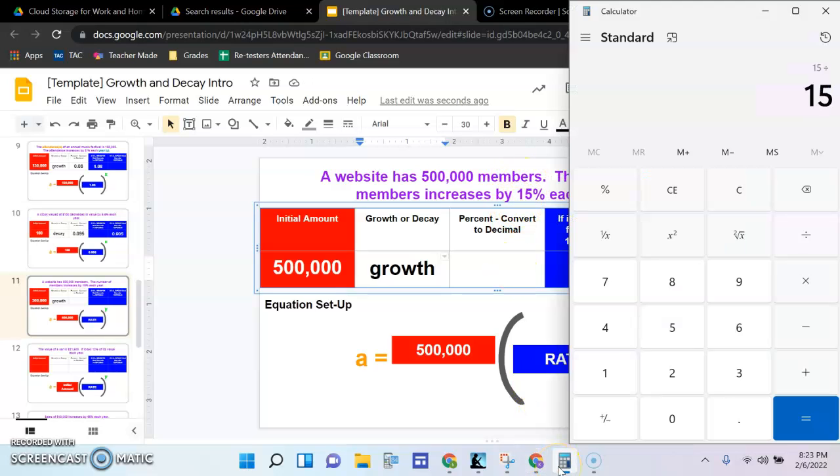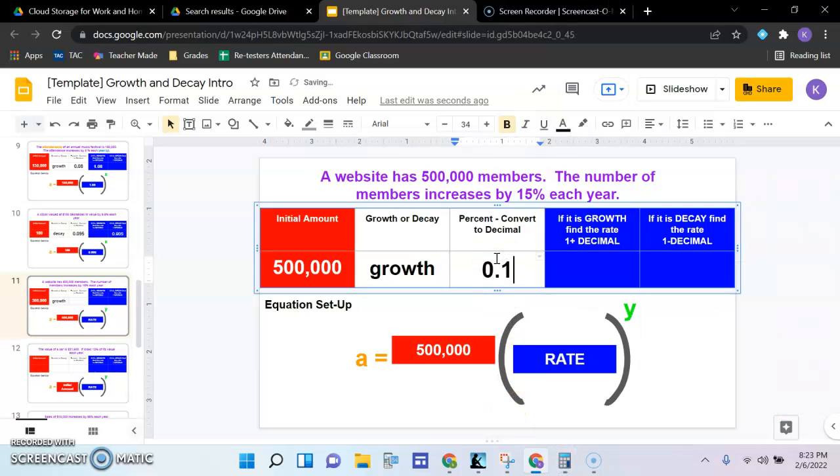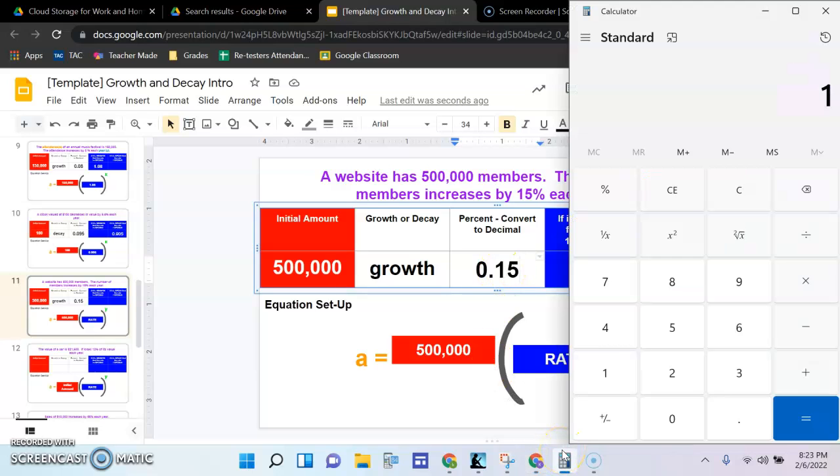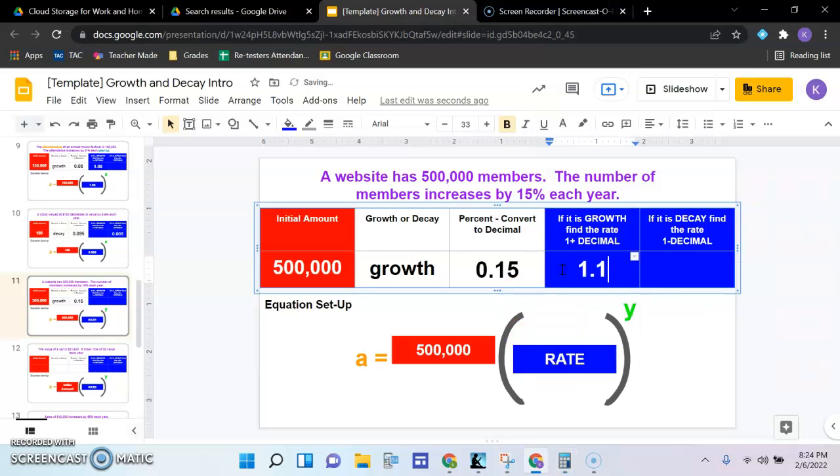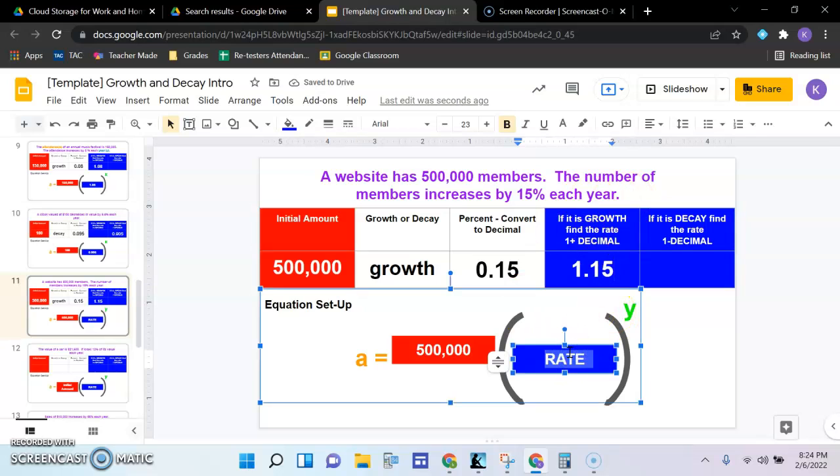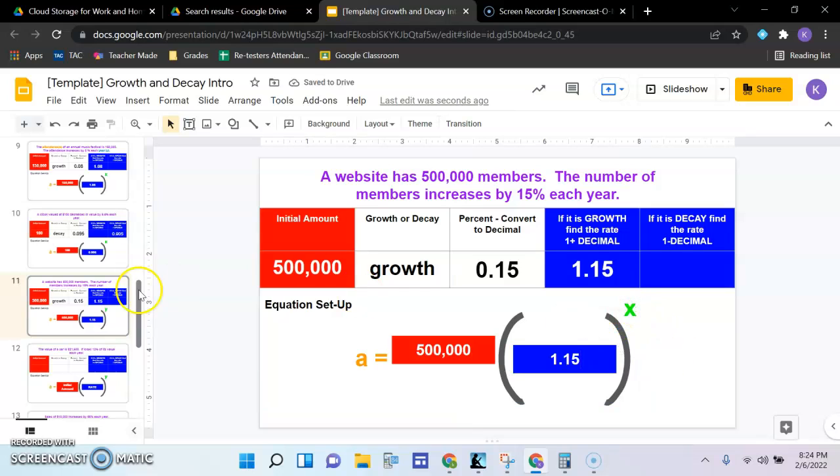So we get 15 divided by 100, which is 0.15. And then it's a growth problem, so we're going to put 1 plus 0.15, which is 1.15. And we found our growth rate here, and we're going to put it right here. Again, this exponent is always going to be to the x.